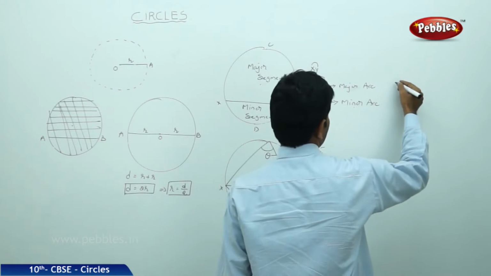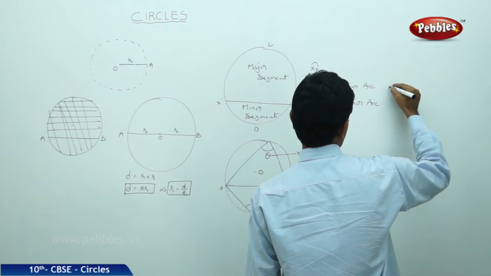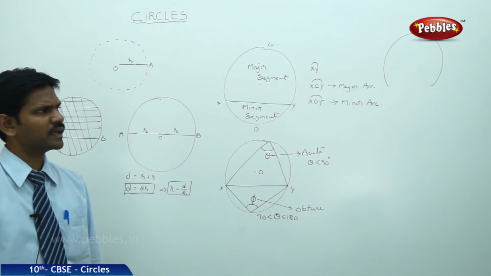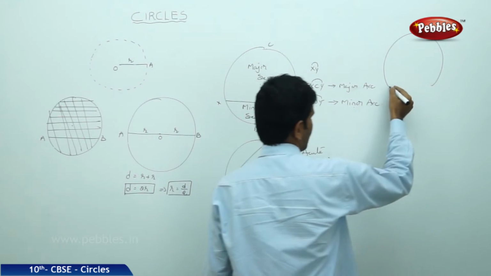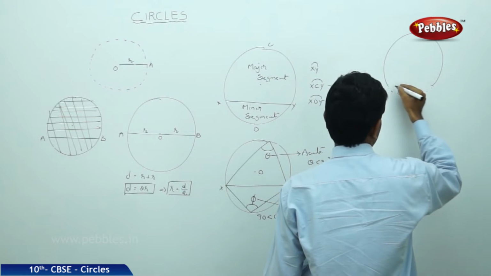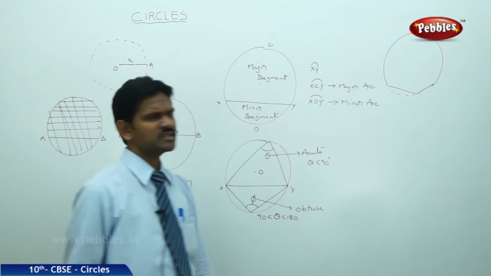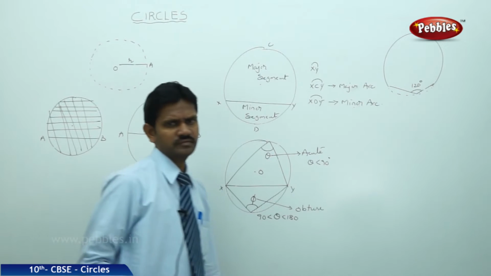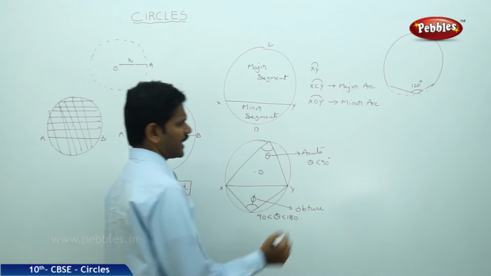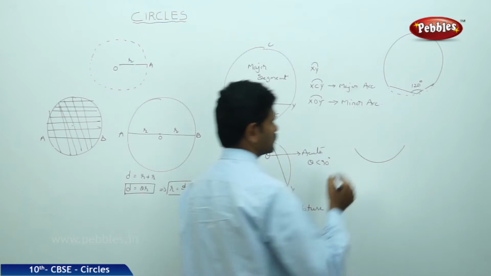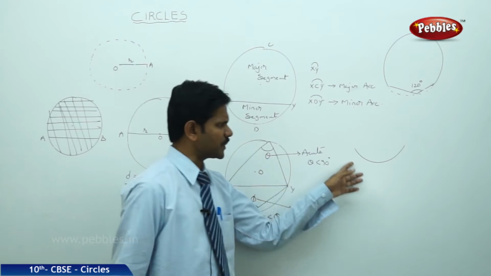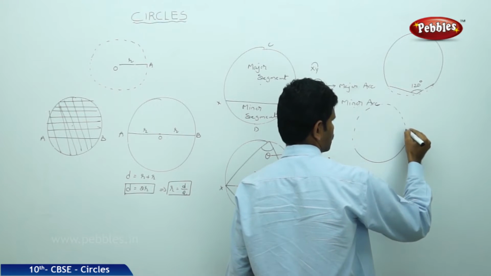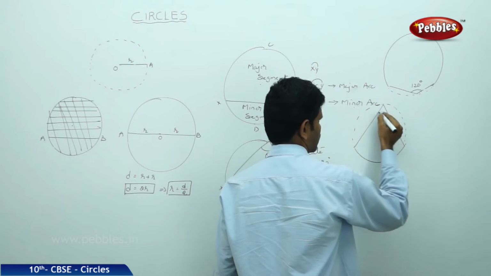Next, angle subtended by major arc in the alternate segment is obtuse, and angle subtended by minor arc in the alternate segment is acute.